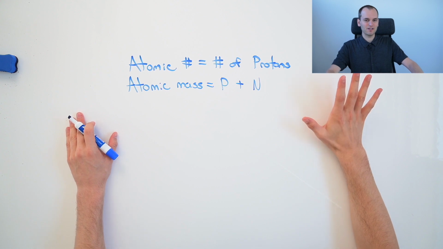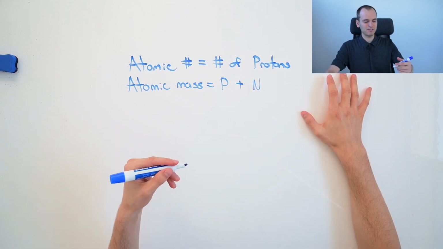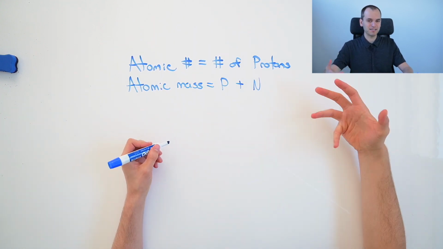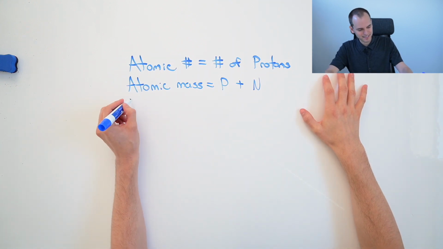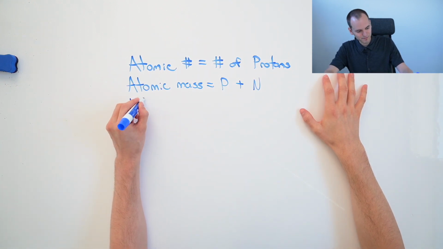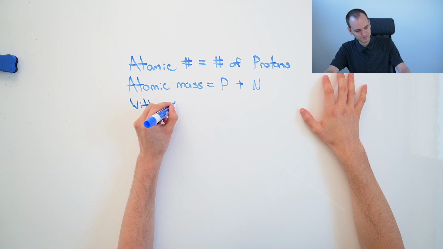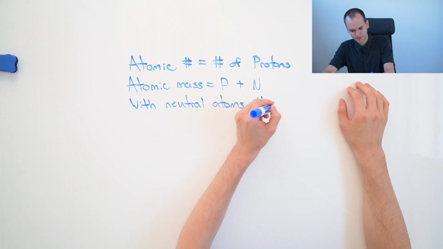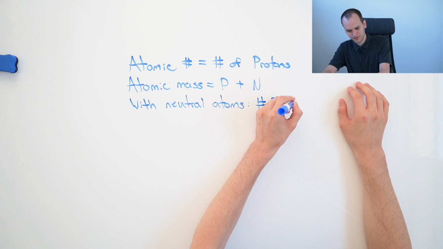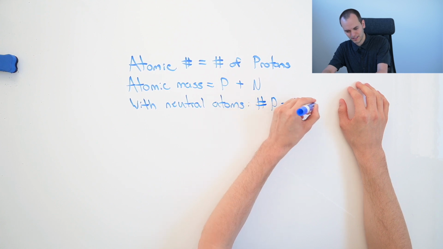And for all of these examples today and the practice ones, they will all be neutral atoms, but something you should keep in mind is that with neutral atoms, the number of protons will equal the number of electrons.